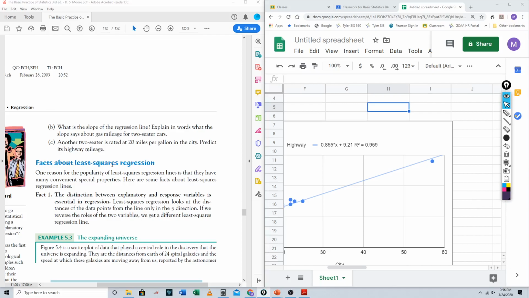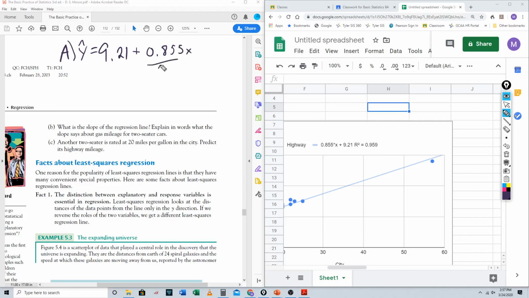All right. So right here is my slope. So my equation for part A is that y hat, I gotta do this slowly, is equal to, again, to put it in order, 9.21 plus 0.855x.